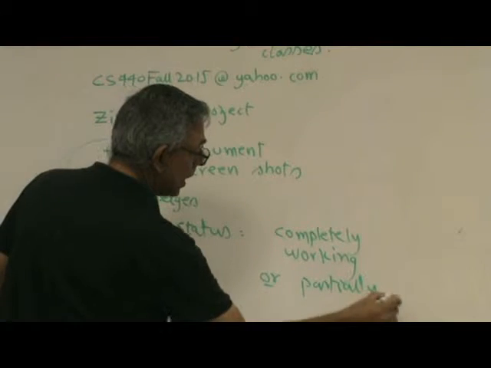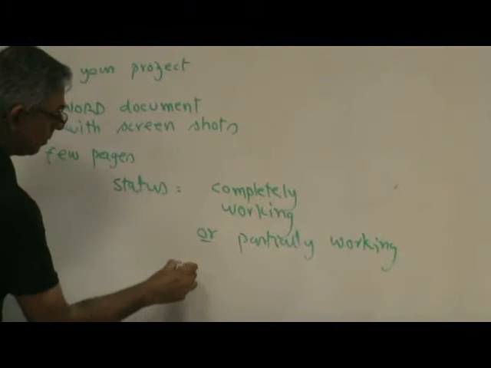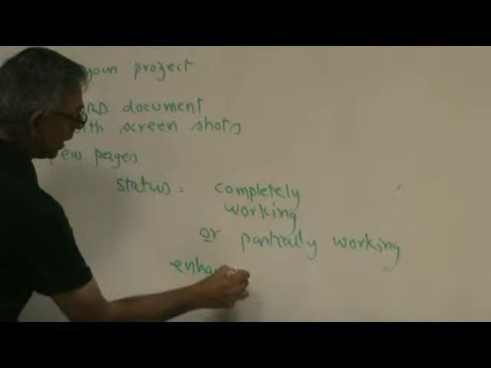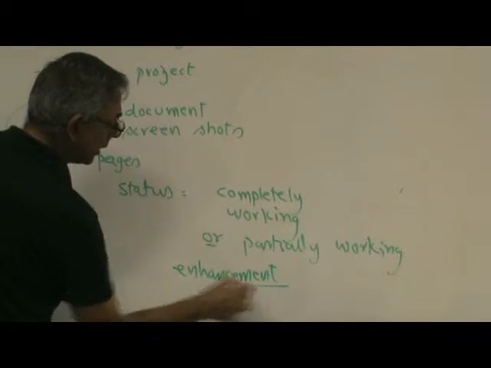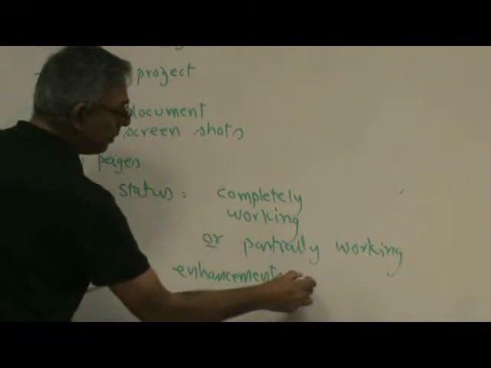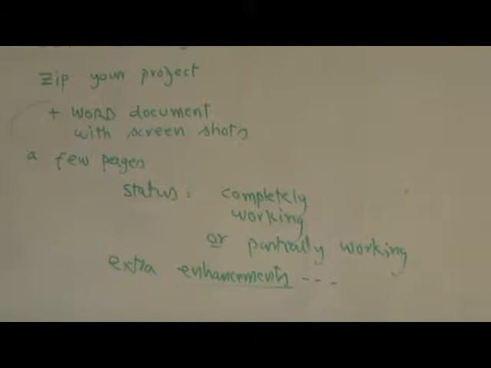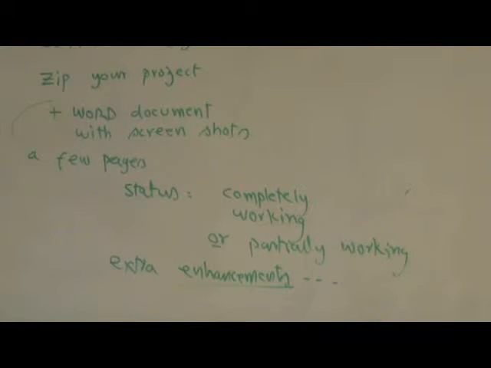If you did any enhancements, so for example, if you went beyond the requirements and you did some extra enhancements, make sure you mention those so that the graduate assistant can appropriately grade it and give you the due credit.